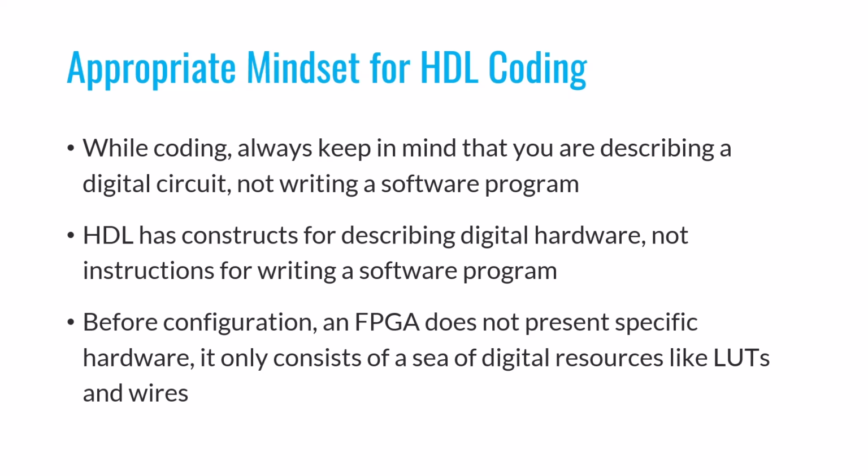My suggestion to you is that when you start coding for FPGAs, always visualize a digital circuit. As you write each line of code, try to imagine what digital hardware that line is describing. Gradually, this habit will make it easier for you to intuitively understand how to write code for different hardware structures.